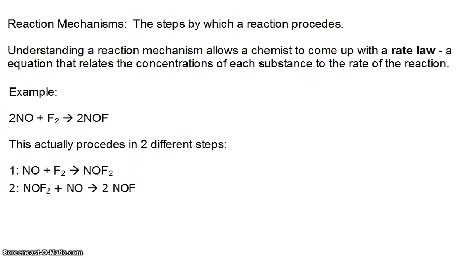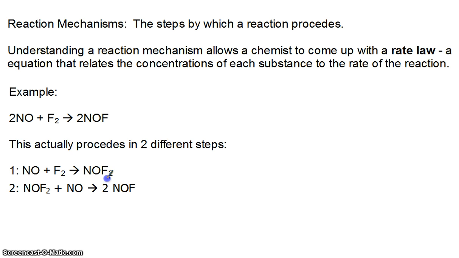So reactions like this actually occur in 2 steps, or many reactions occur in even more steps. You can see we can break down this reaction of 2NO plus F2 to have a first step where an NO molecule and an F2 molecule collide together and make NOF2, what's called an intermediate.